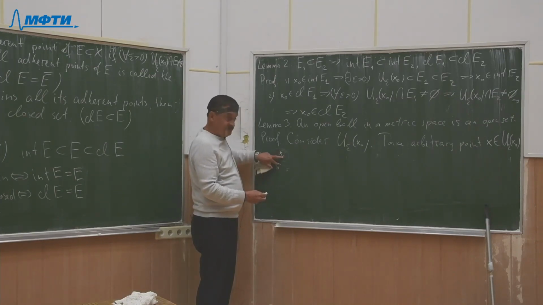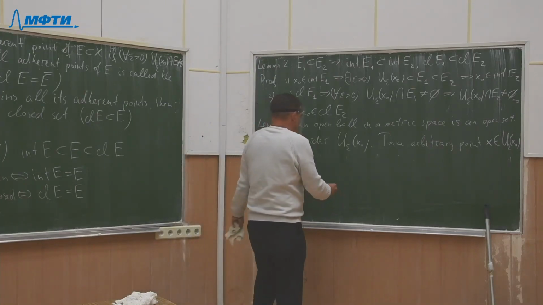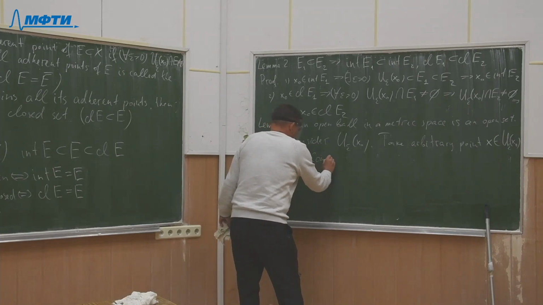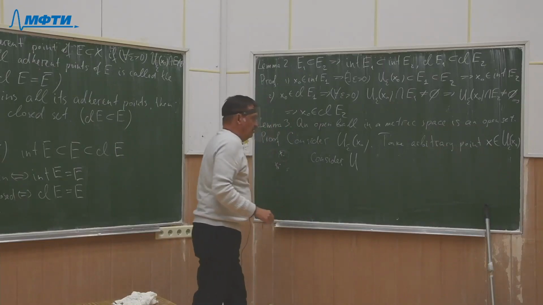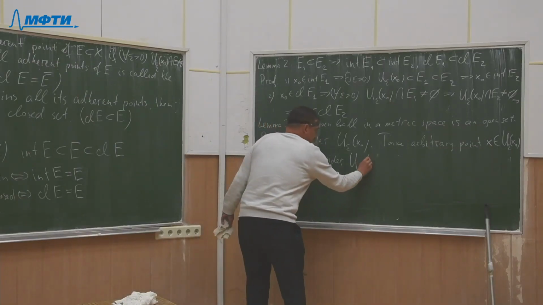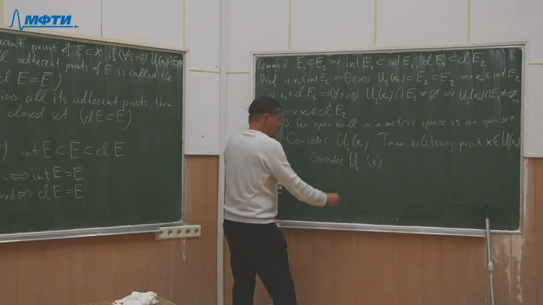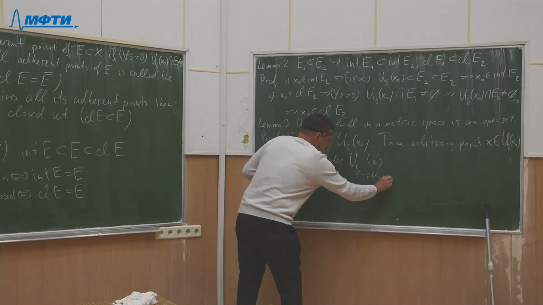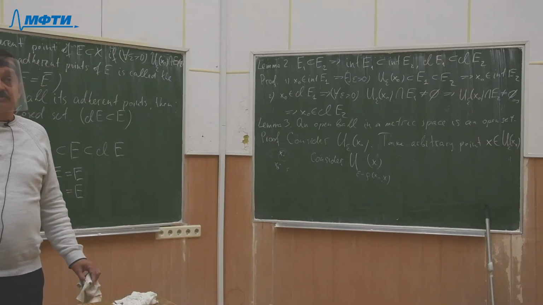Radius minus the distance between x naught and x. So consider now an open ball with center at x and radius epsilon minus the distance between x naught and x. That is what we saw from the picture.